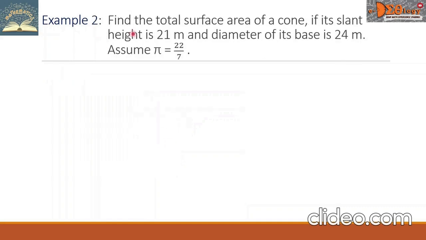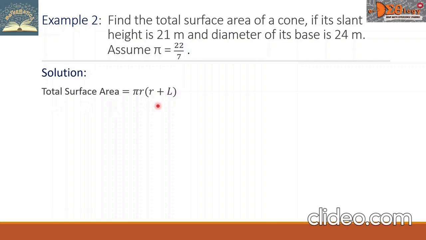Example 2. Find the total surface area of a cone if its slant height is 21 meters and the diameter of its base is 24 meters. Assume pi equals 22/7. The formula for the total surface area is here.